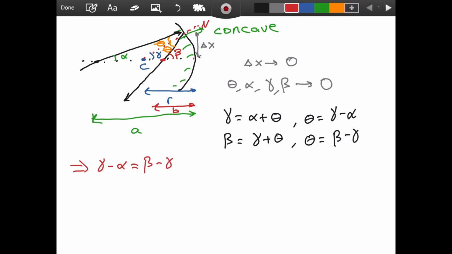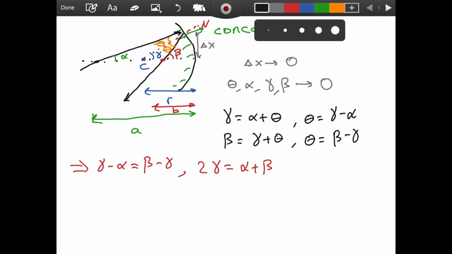I just set these two equal to one another because they are both equal to theta. So if we solve for gamma right now, we will get 2 gamma is equal to alpha plus beta. This is great. We will actually use this in a couple of minutes, I hope.